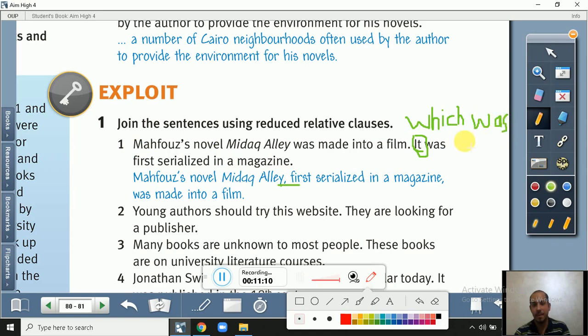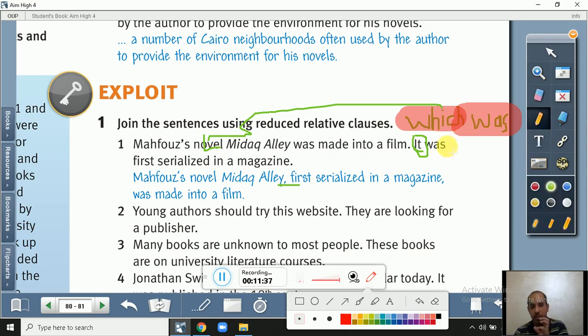Which was has two conditions. The first condition is it has the relative pronoun which combined with the verb to be. Also, it refers to the subject. So we can use it. Then what do we do?